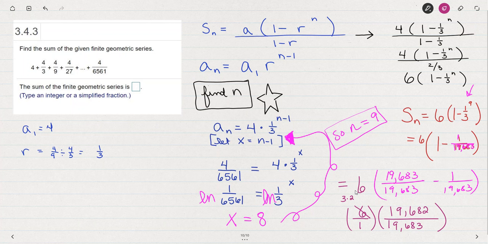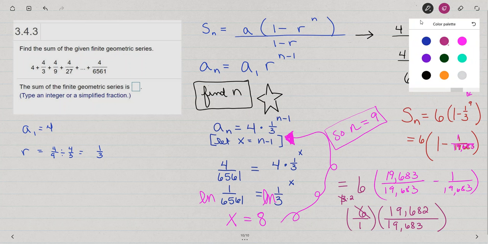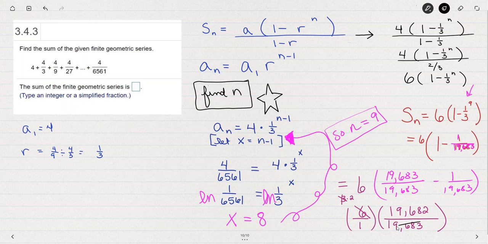So if I do divide the 6 by 3, I'm left with 2, and if I divide the 19,683 by 3, let me type that into the calculator here, then I get 6,561. So it did actually reduce, didn't it?